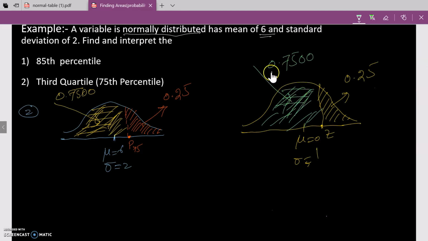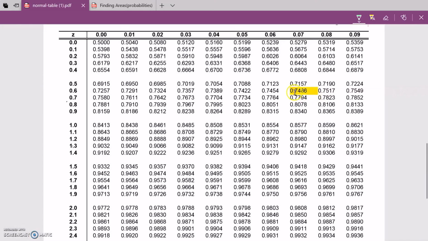So now we are going to locate this value 0.75 in the body of the table. How are we going to do that? Let's see. We are in this table and we are trying to find the closest entry, the entry which is close to 0.7500. But you note that we don't find the exact entry, rather we find these two entries, and out of these two entries, this entry is the closest one to 0.7500. So we note down the value.